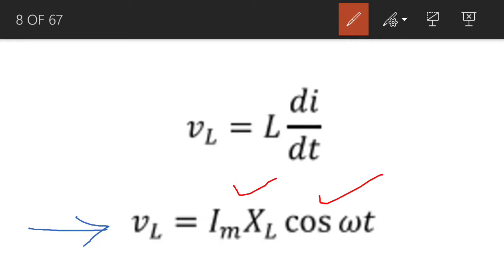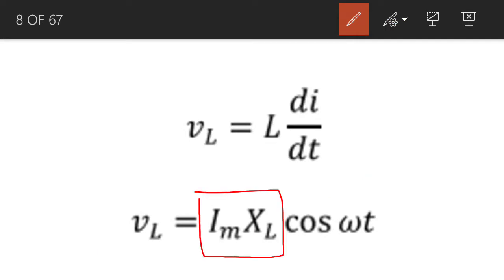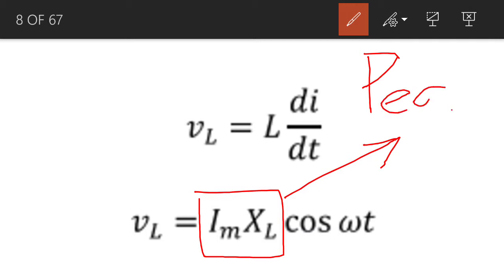And here is the peak value or the maximum value of the voltage across the inductor. So this value is the maximum value, or the peak value, of the AC voltage across the inductor.